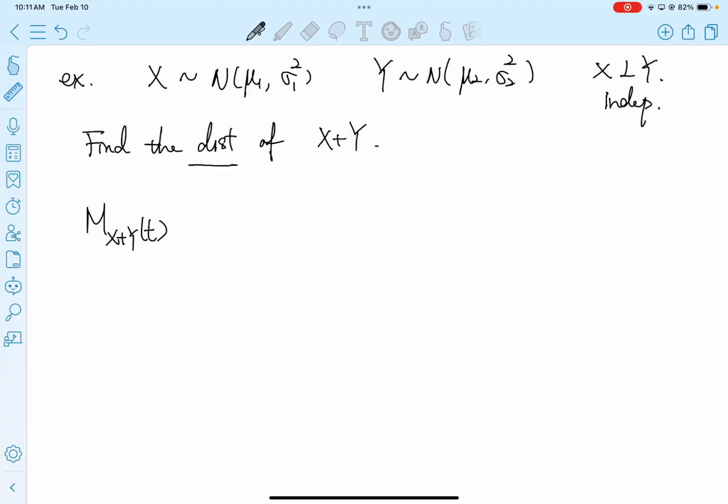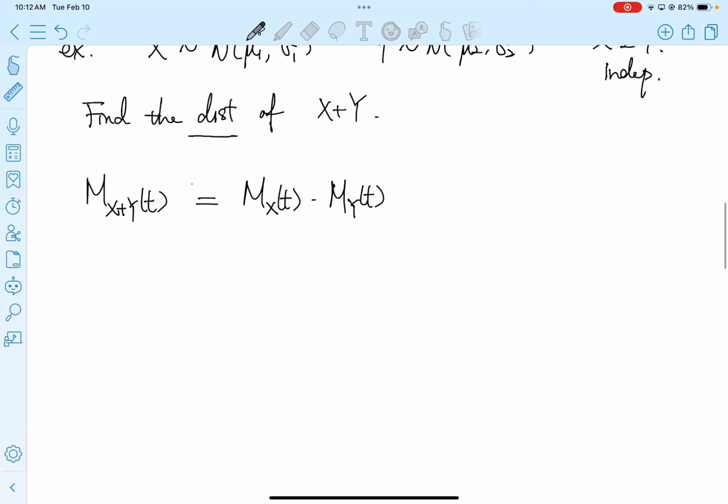Because they are independent, the moment generating function of the sum is the moment generating function of x multiplied by that of y. That is property 1 that we introduced.